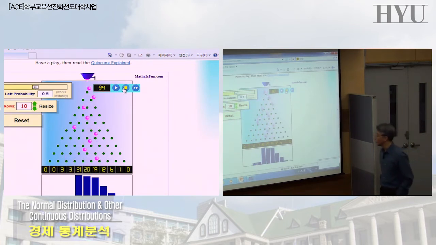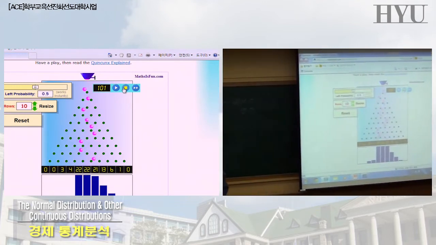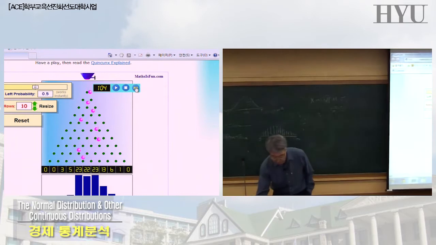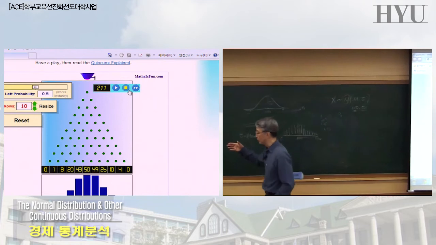Well, let's speed it up. All right, you see that distribution at the bottom? So that's exactly the idea of normal approximation to binomial. So this is a binomial trial, right?